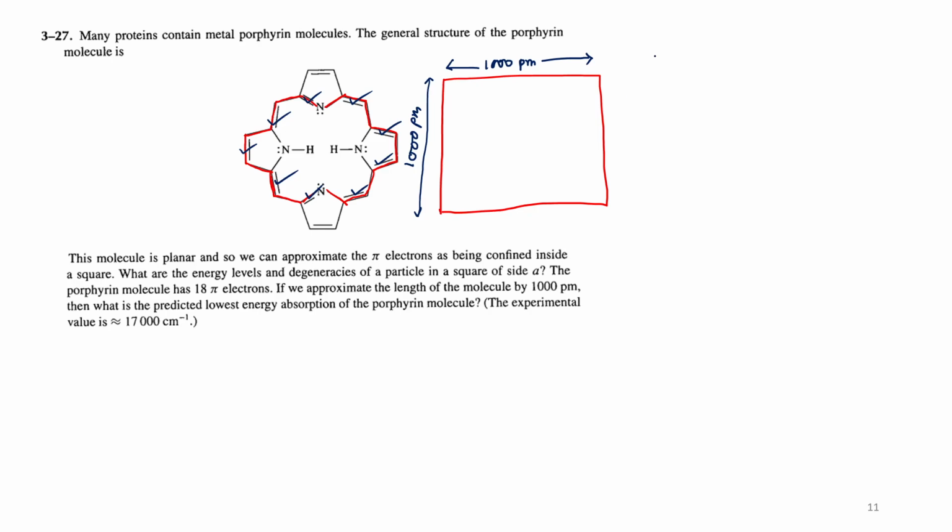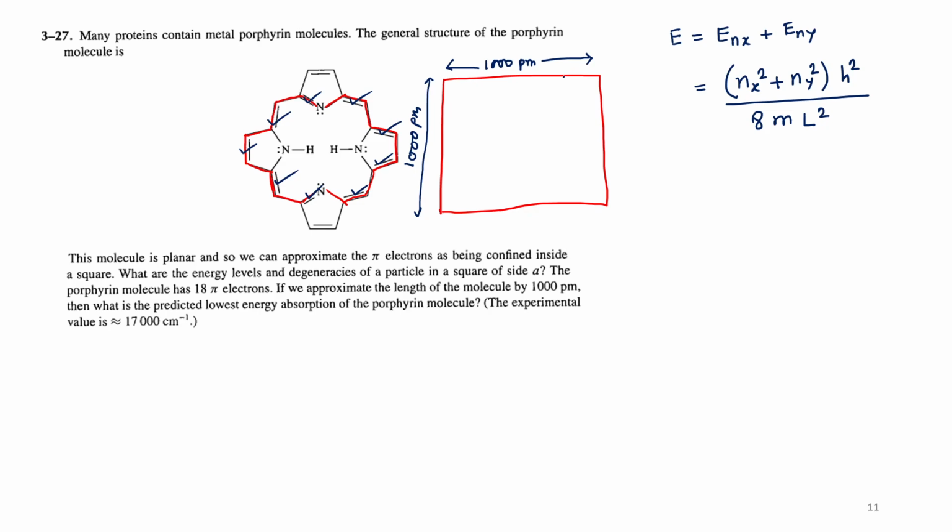So let us remind ourselves what the energy formula is. It is energy of Enx plus Eny, and if it is a square, then we can write it quite nicely: (nx square plus ny square) h square by 8 m L square.